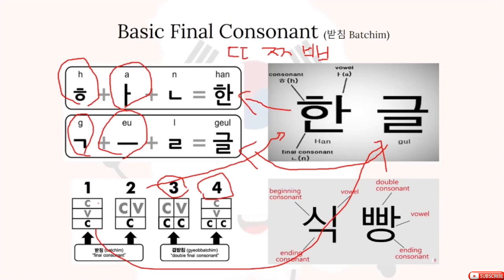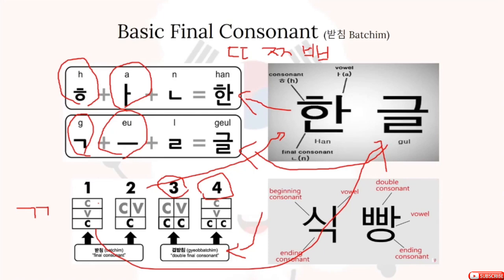And just for reference, this is also called the 겹받침, which is the double final consonant, which basically means the double consonant that we have learned previously, that 쌍기역, this 쌍기역, 니은, and all that. Yeah, so that is going on there.